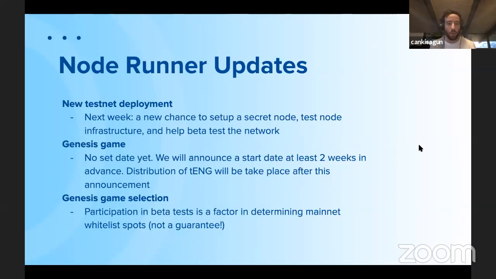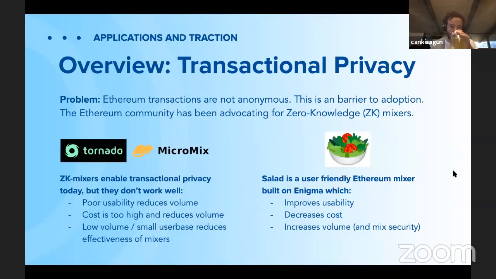Maybe let's move on to Salad. We've gone over these slides recently, so I'm not going to spend too much time, but the problem of privacy on Ethereum is obvious. Guy touched on it. We've been talking about it for a long time.